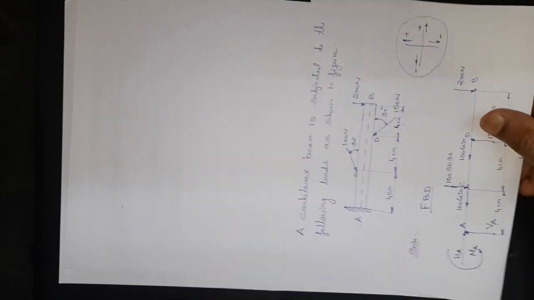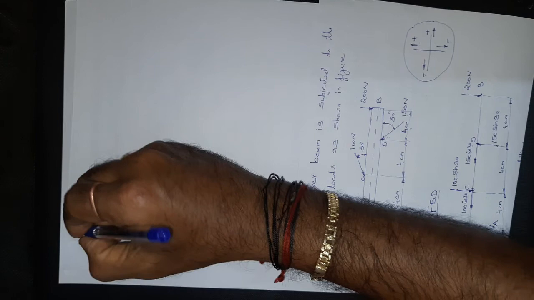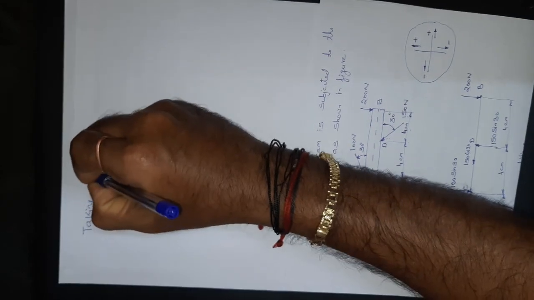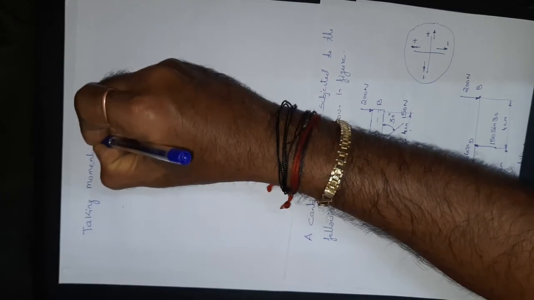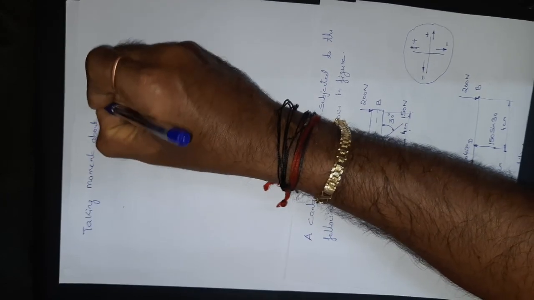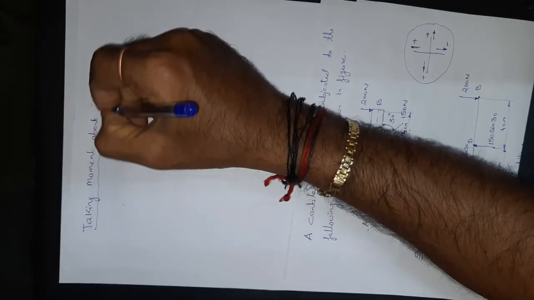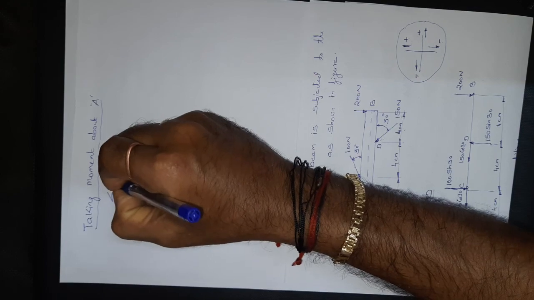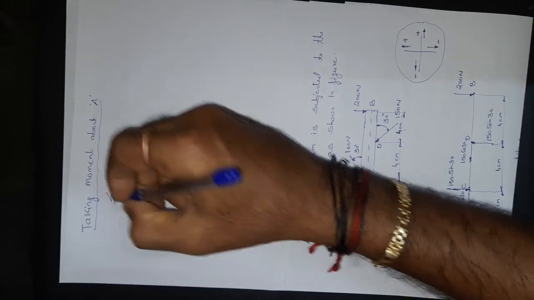I have to consider the moment. Taking moment about point A. About point A, that means this point. So sum of moment at point A equal to 0.